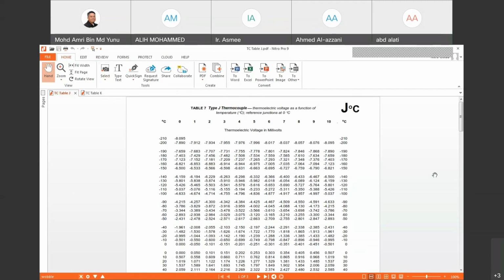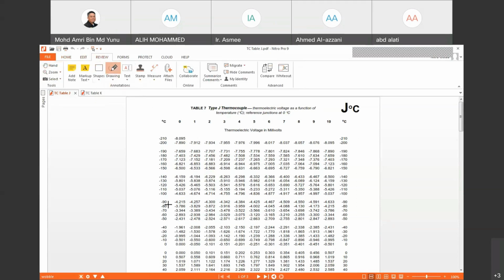So how do we read this table? We check the left column and the top row. The left column and the top row are for determining the temperature difference value.